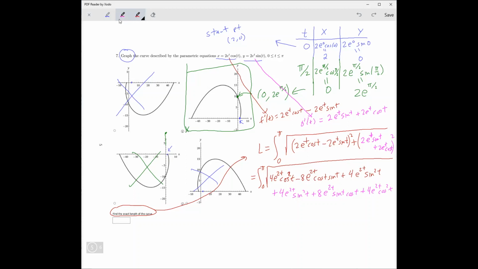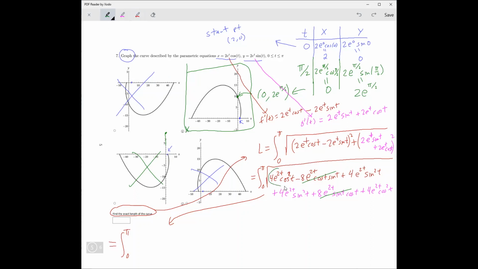Now a nice thing happens, which is that and that are going to cancel. Yay. Now another thing that happens is this.